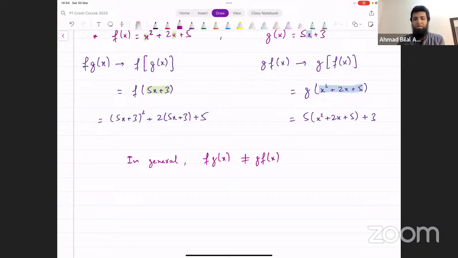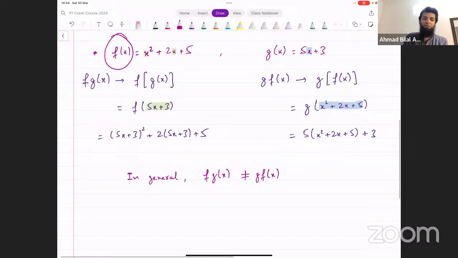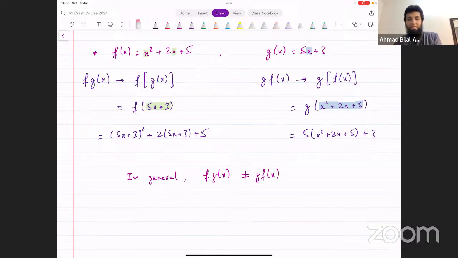Now there's an exception. Exception is that the two functions are inverse of each other. If you have one function f, another function g, if they are inverse of each other, in that case, fg of x and gf of x would be the same, and they would actually be equal to x. But that's an exception. In general, what happens is fg of x and gf of x are not going to be equal to each other. Okay.